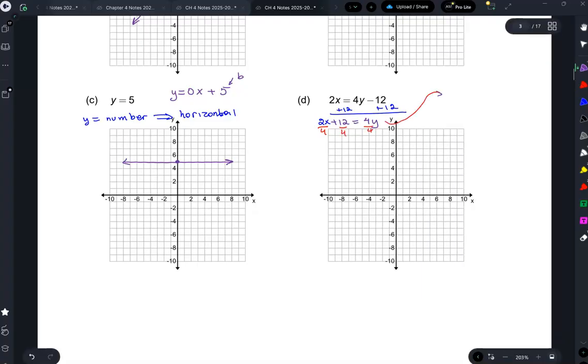So let's go here. Y equals half x plus 3. So it's 2x plus 12, right? Plus 3. Because it's 2x plus 12, and then we divide it by 4, so it's plus 3.